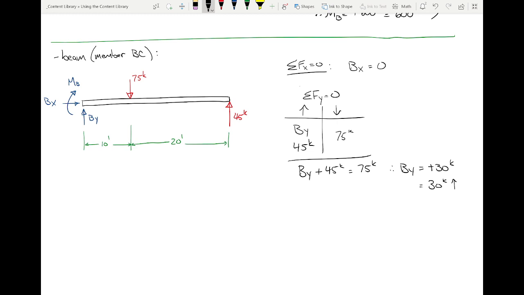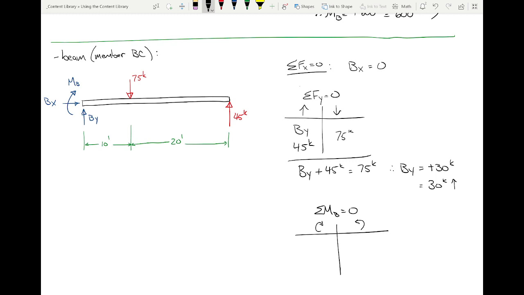But let me ask you this. What do you think MB is going to be? 600, right? Yeah, okay. So you kind of see what's going on here, right? All right. So summing moments about point B, we don't need to consider BX or BY.